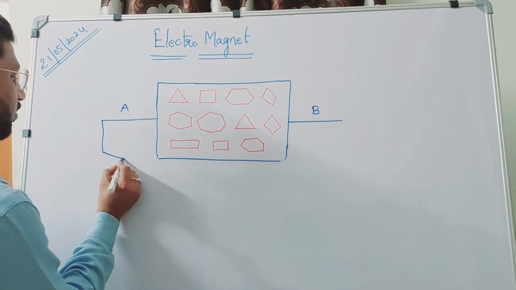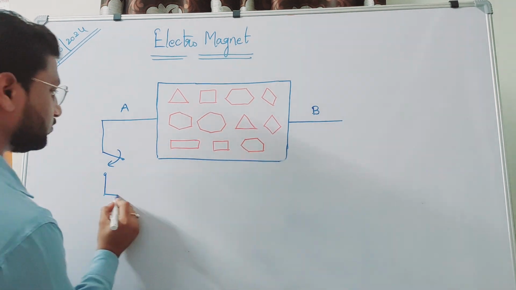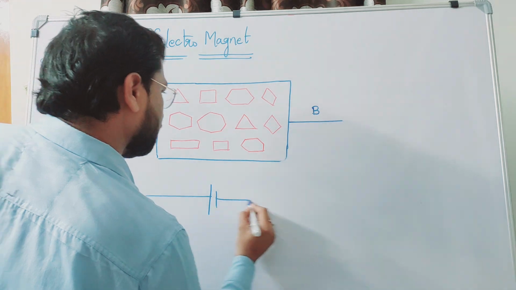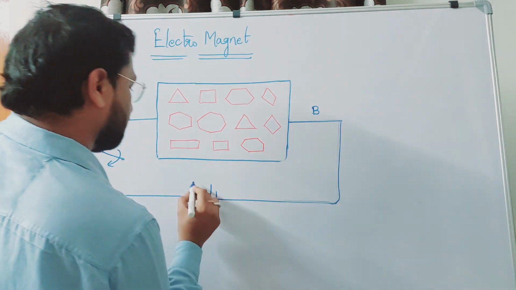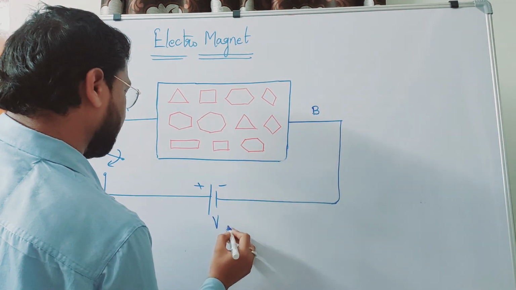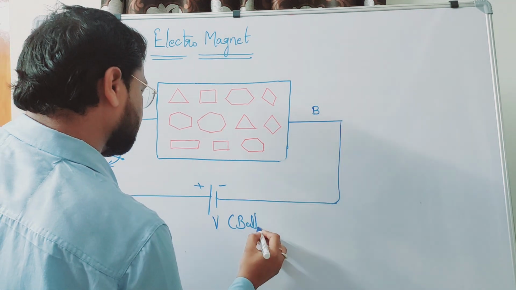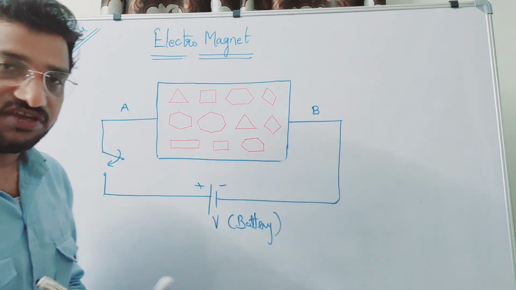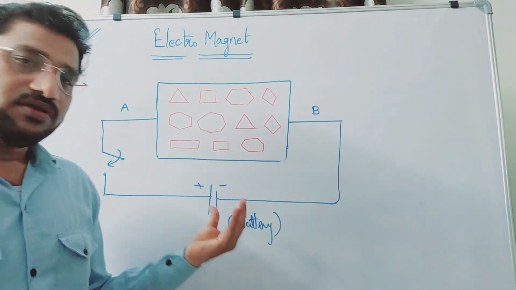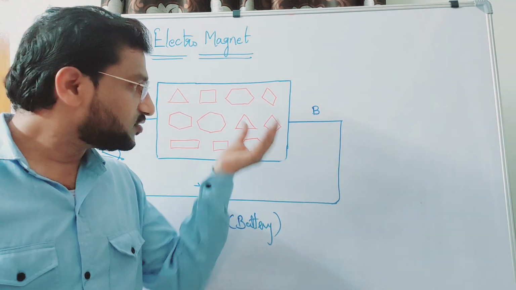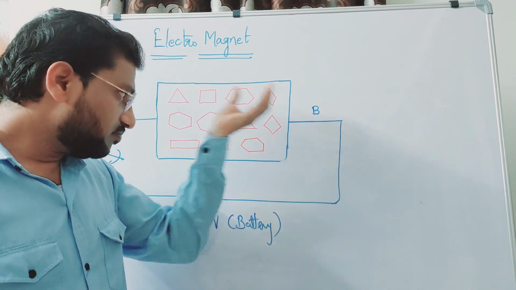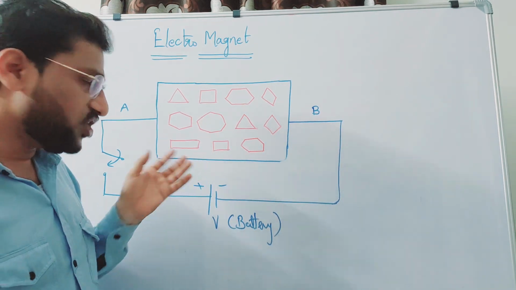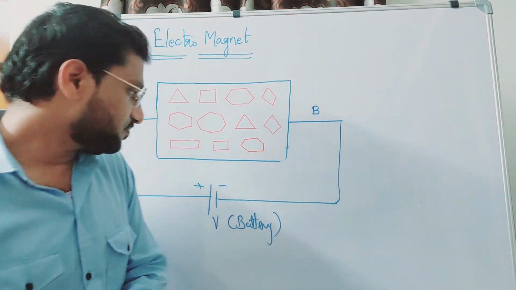Here I'm having a switch and a power supply is connected. It is plus and minus, a battery or V, some voltage. It is irrespective what is the value to indicate. Anyway, the strength of the voltage also matters a lot to know the changes that are going to happen inside the material, right?